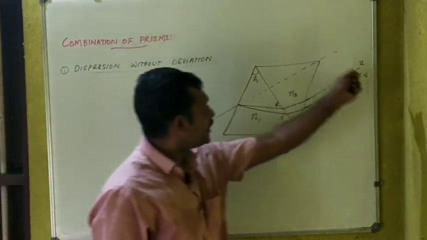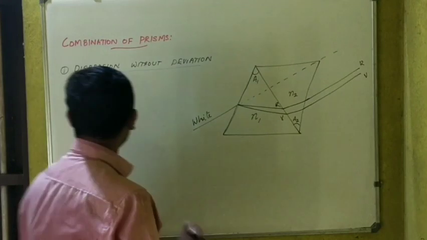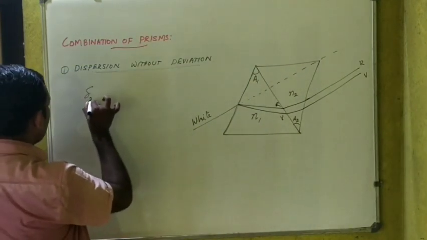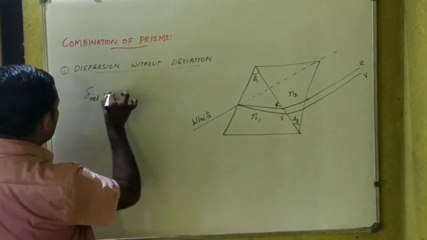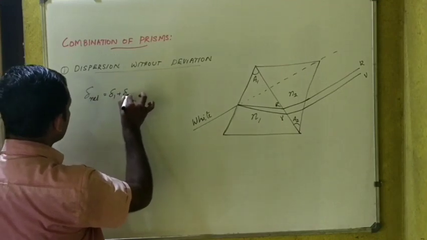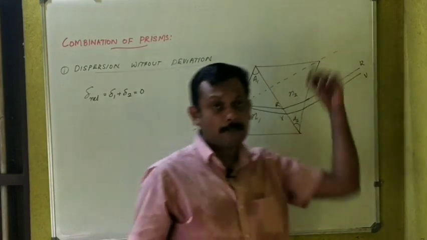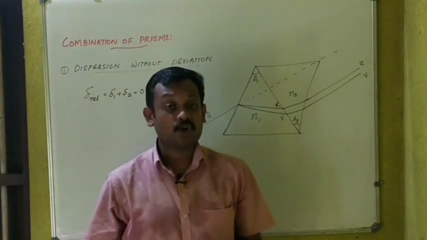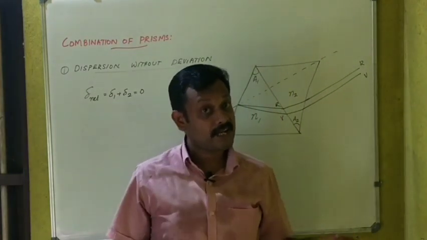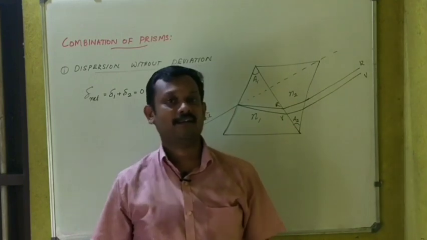The emergent ray is parallel to the incident ray, which means the total deviation delta net is equal to delta 1 plus delta 2, which is equal to 0. Because it is coming out parallel to the incident ray, the total angle of deviation is 0 here.